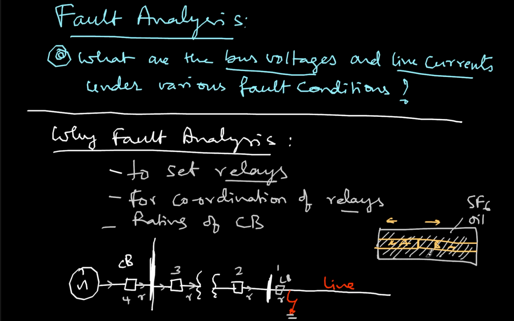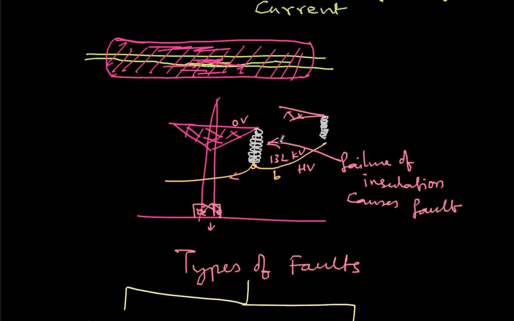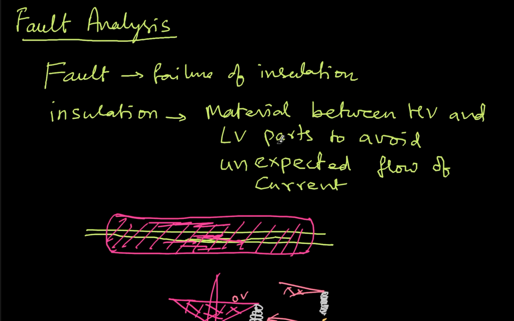If I did not choose the proper circuit breaker rating, then it may not operate under faulted conditions. So whenever you are designing the rating of circuit breakers, the fault analysis studies are important. Okay, so this is a very brief introduction to fault analysis.